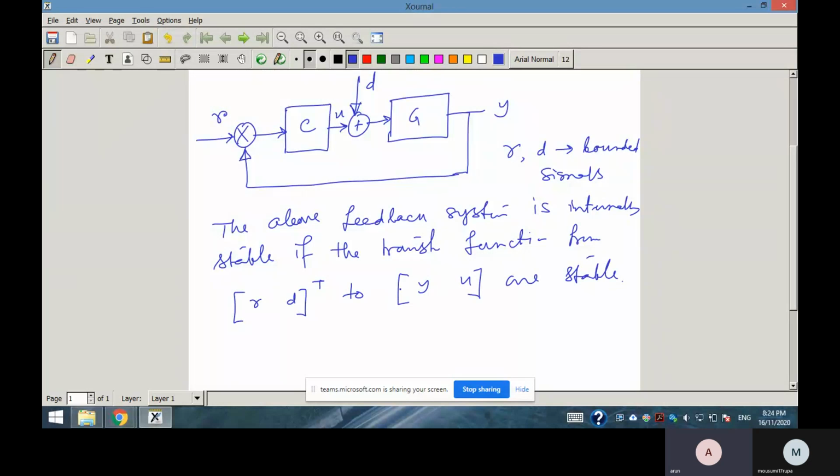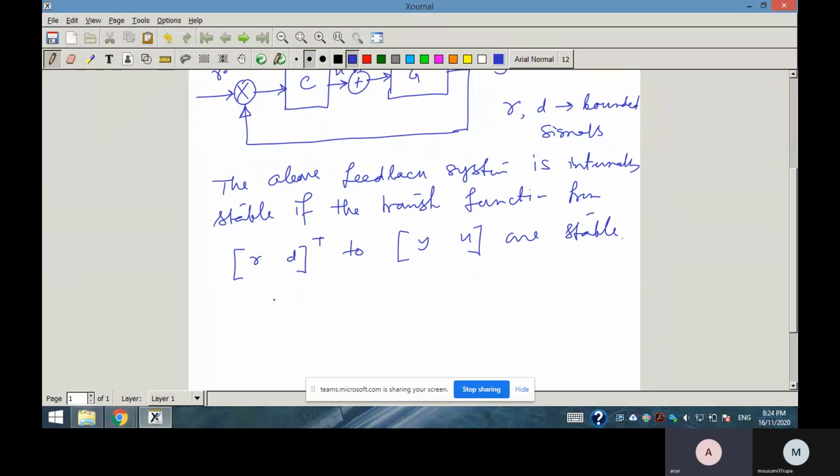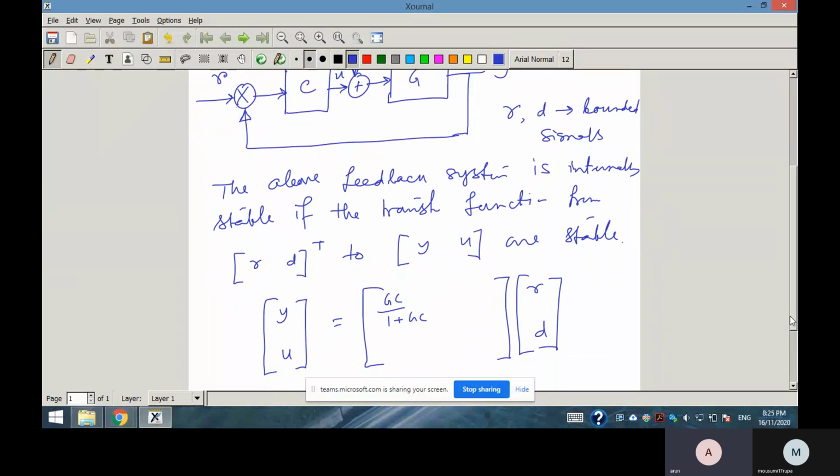So how many transfer functions are possible here? What is your Y by R transfer function? GC by 1 plus GC. What is your Y by D transfer function?